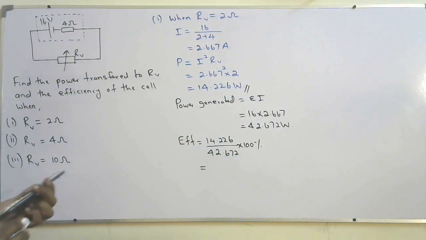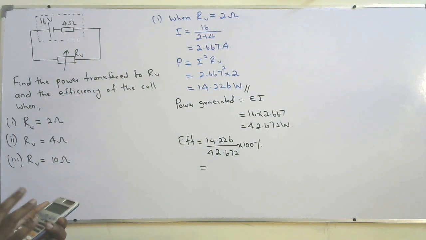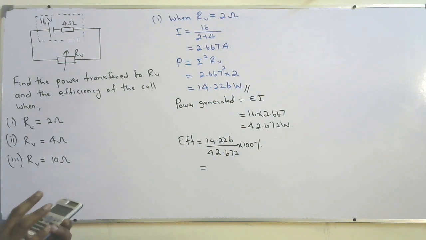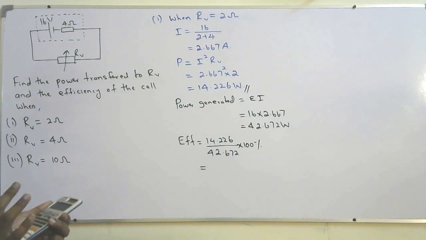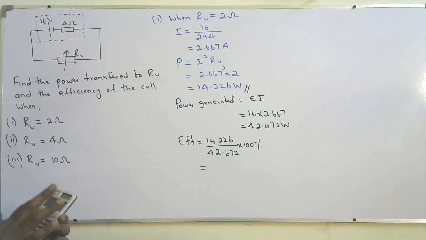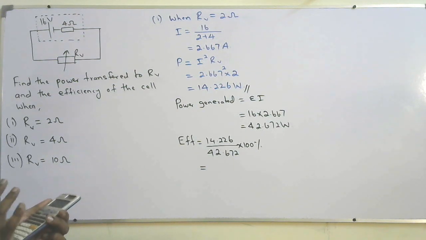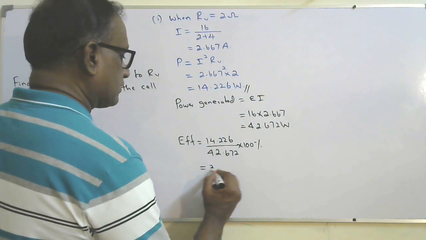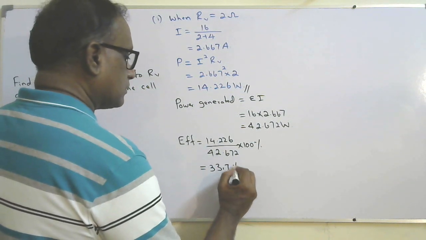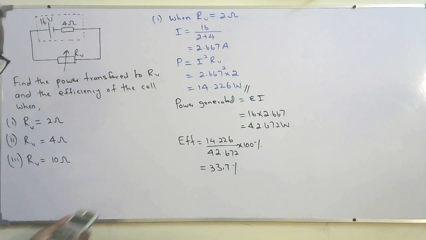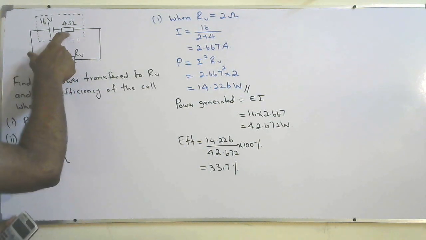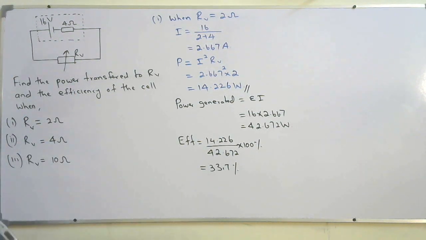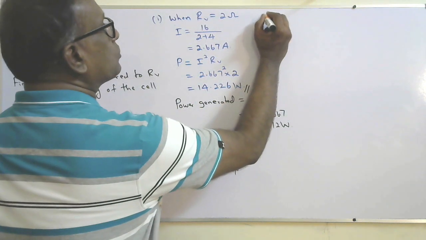So that will be 33.7%. So that means when the resistance of the external component is lower than the internal resistance, the efficiency is 33.7%. Okay, second part I'll do shortly.